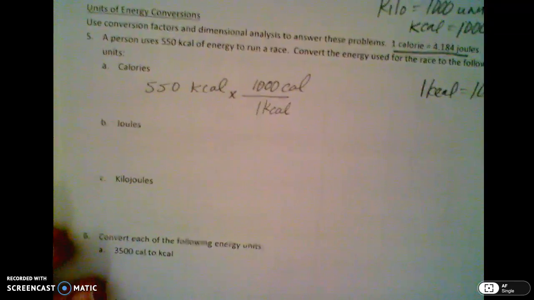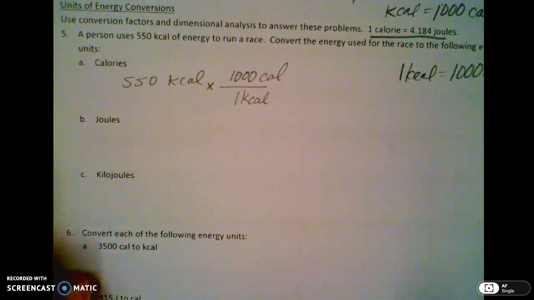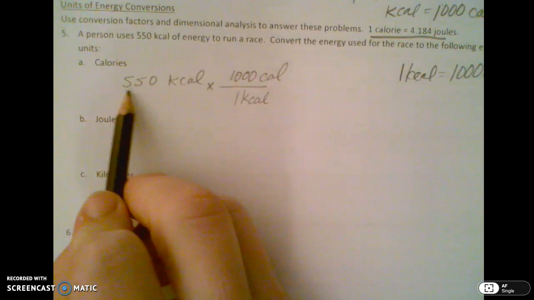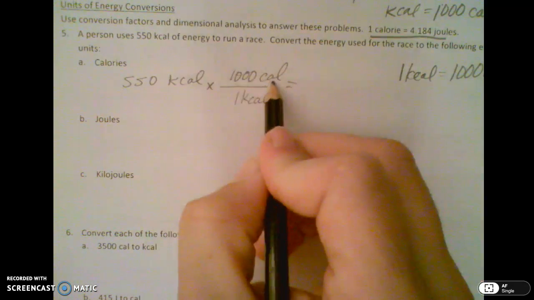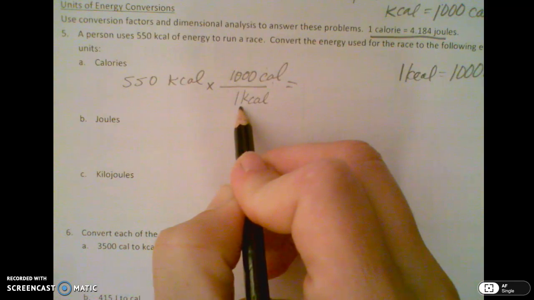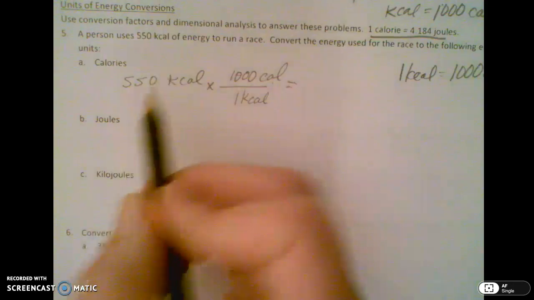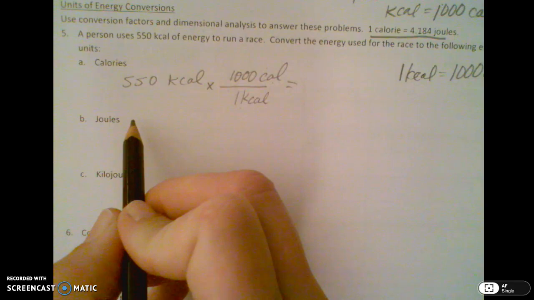So if we're looking here, it asks us, a person uses 550 kilocalories of energy to run a race, convert the energy used in the following units. So we started with 550 kilocalories, and we know that 1,000 cals equals 1 kilocalorie. Down here, we are talking about joules.